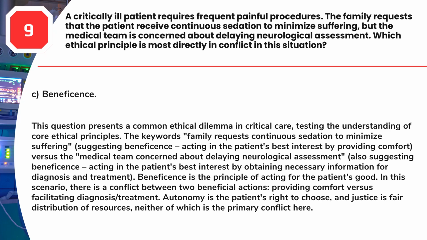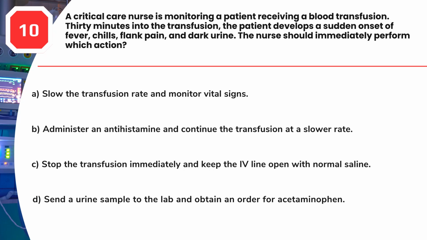Question 10. A critical care nurse is monitoring a patient receiving a blood transfusion. 30 minutes into the transfusion, the patient develops a sudden onset of fever, chills, flank pain, and dark urine. The nurse should immediately perform which action?